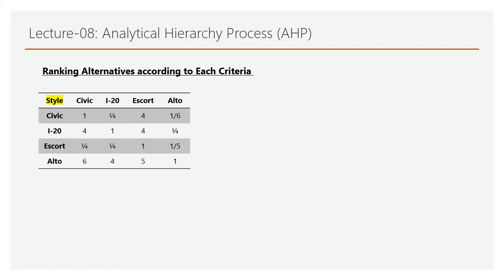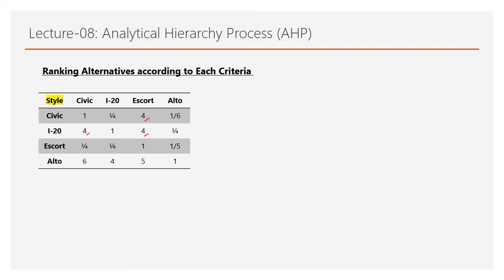So consider we have this preference table, and we can see that, for instance, the decision maker, the one judging those alternatives according to style, has considered that the Civic has a score of 4 over Ascot, while i20 is moderately more stylish than the Civic, and also than the Ascot.